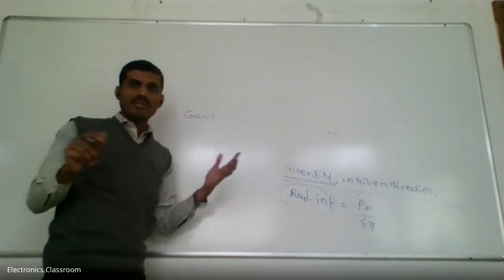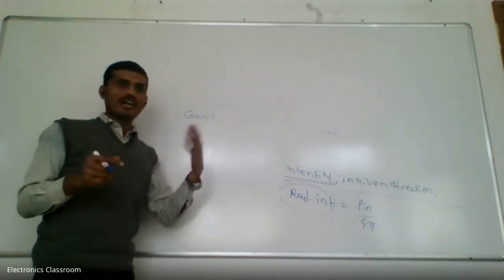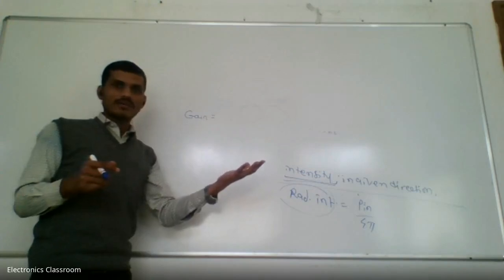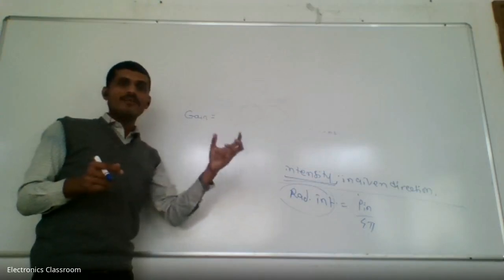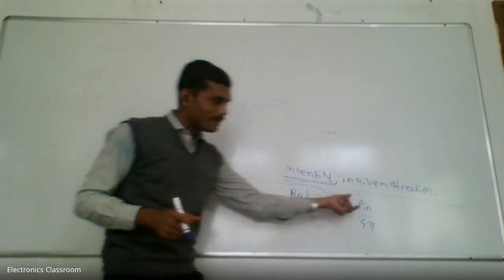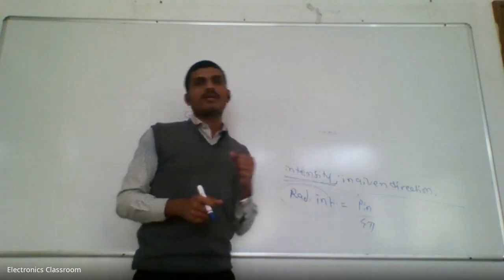Now the radiation intensity corresponding to the isotropically radiated power is equal to the power accepted by the antenna divided by 4 pi.